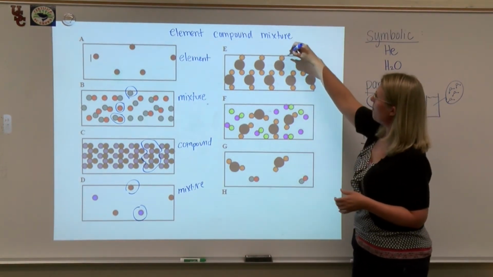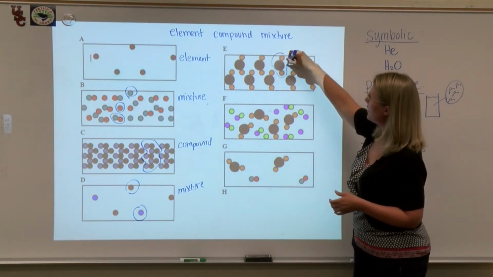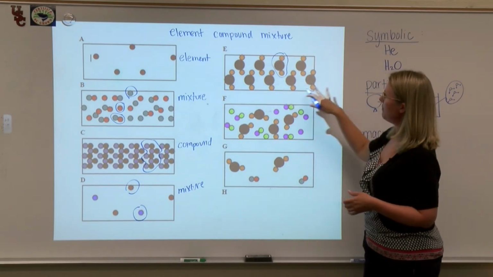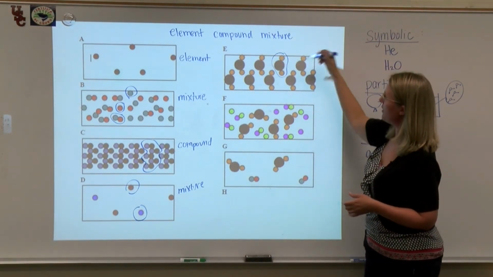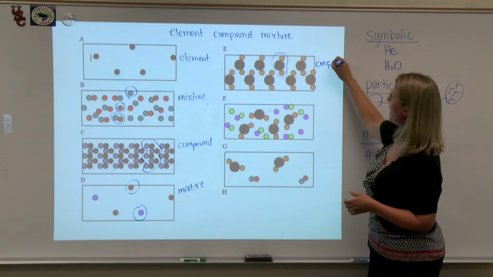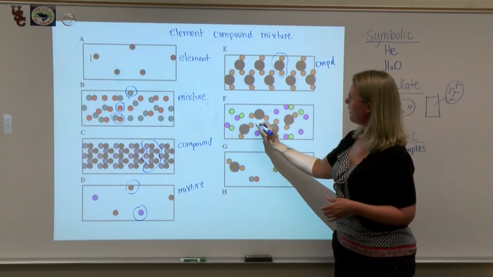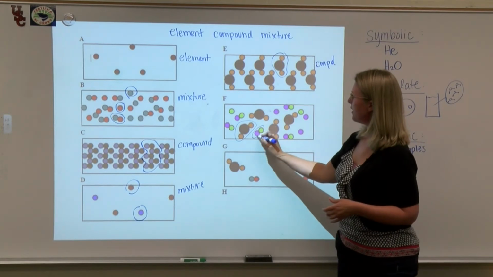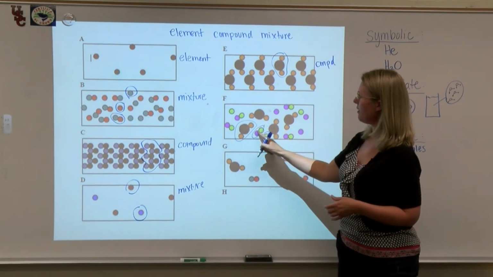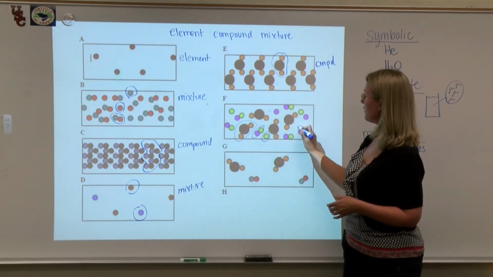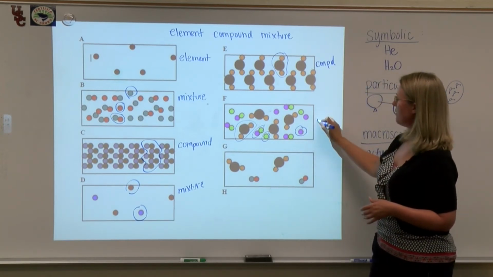This, definitely a compound. As you can see, all those are touching, all the same, but it's two different atoms. So that's a compound. This one, you kind of start to get the picture. You have this substance, this substance, this substance: compound, compound, element, and there's another element even. So that's a mixture.